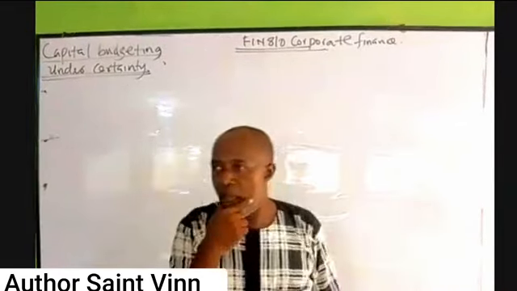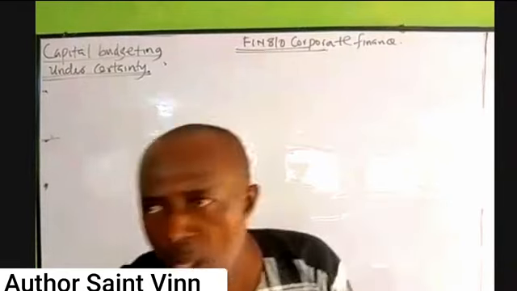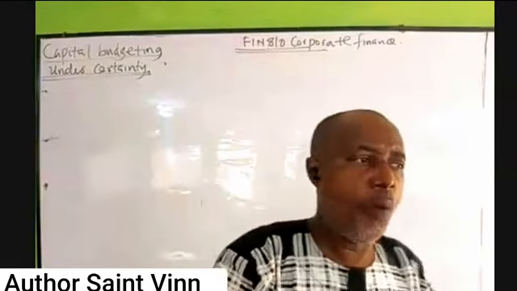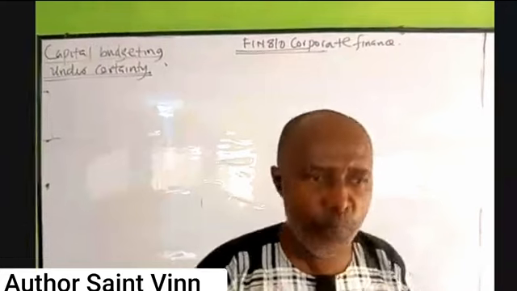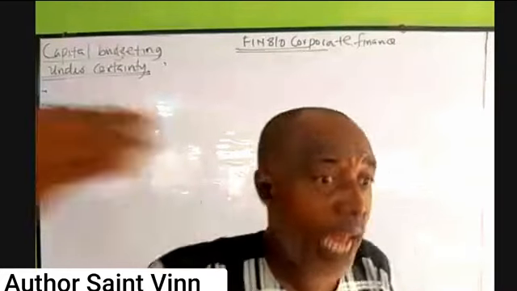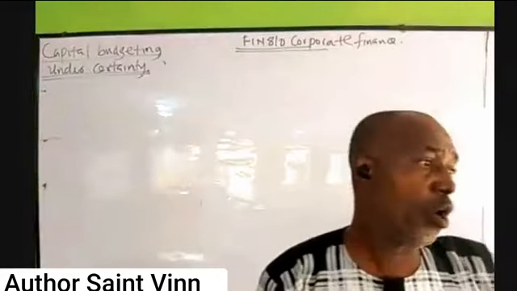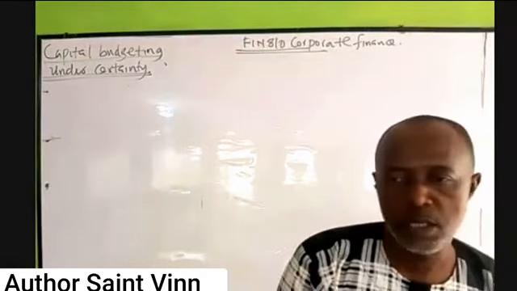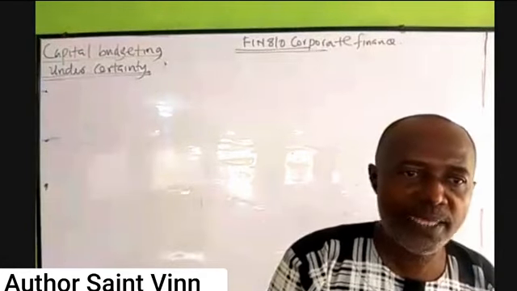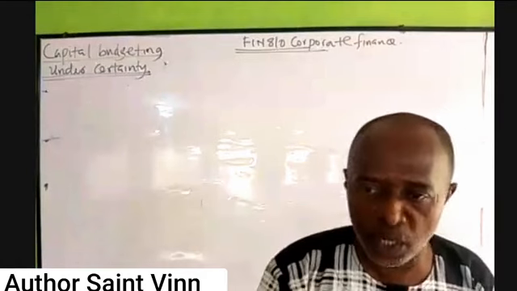Now there are so many criteria or methods of evaluating projects. The one we are going to spend our money on and the ones we are not going to spend our money on. So we learned the last time using payback period.